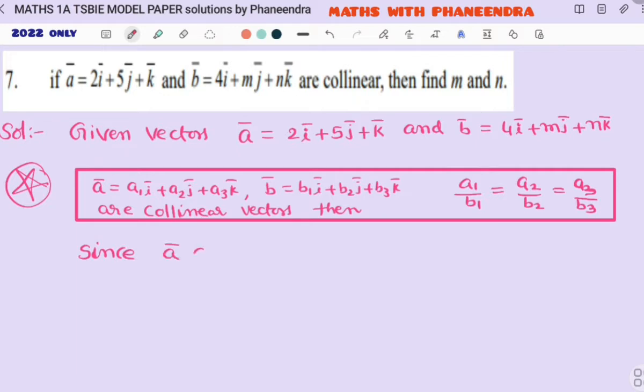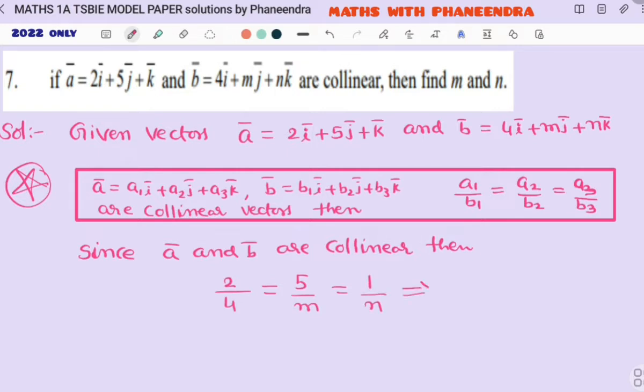Since a bar and b bar are collinear, then from the first vector a1 is 2. So 2 by 4 is equal to, since the i bar coefficients are proportional, j bar coefficients are proportional, 5 by m is equal to the k bar coefficient 1 by n.